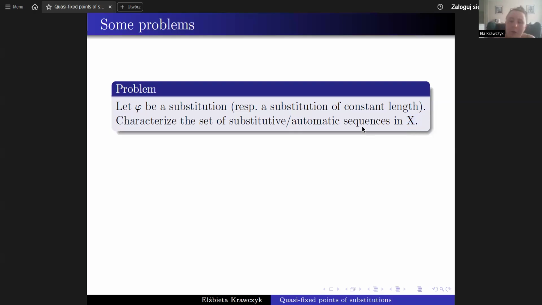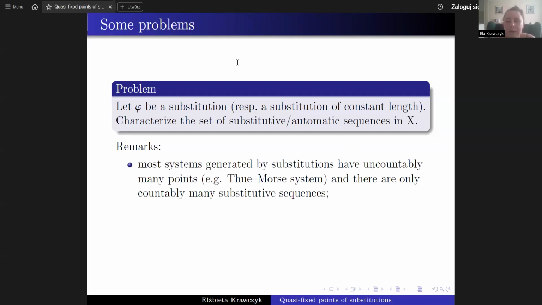Okay, so I think you can all predict where I'm going with that. What I'm going to say is, okay, first some simple remarks which tell you that possibly there is a nice characterization.